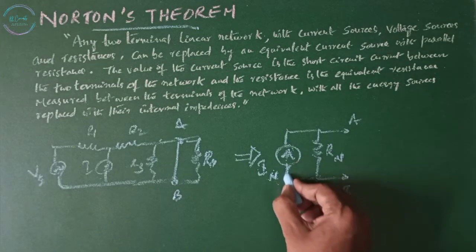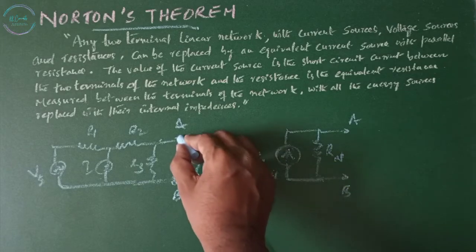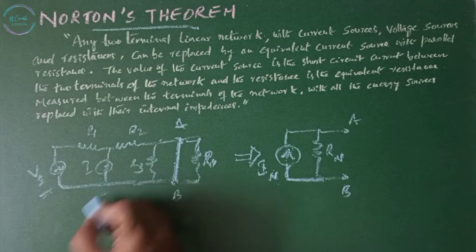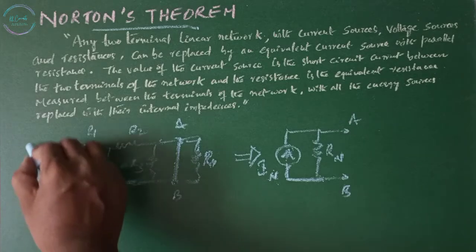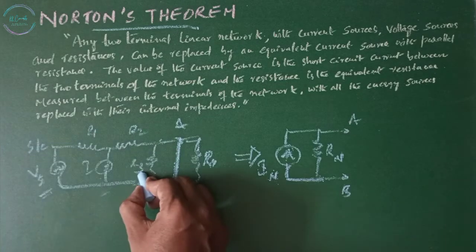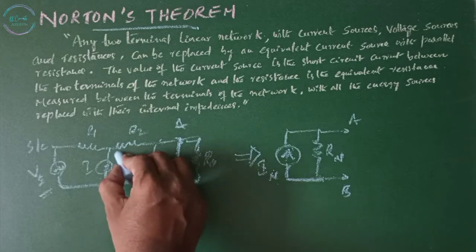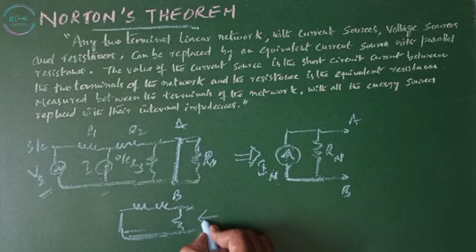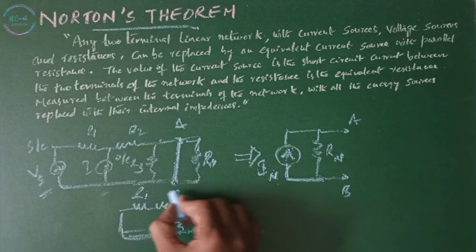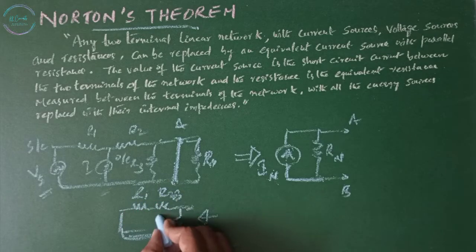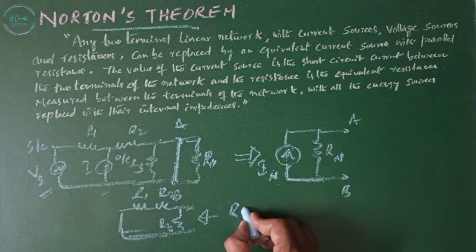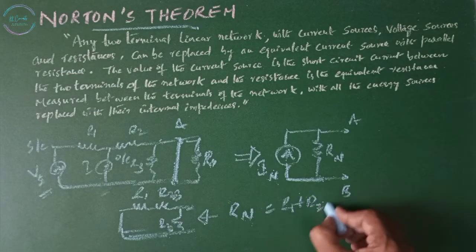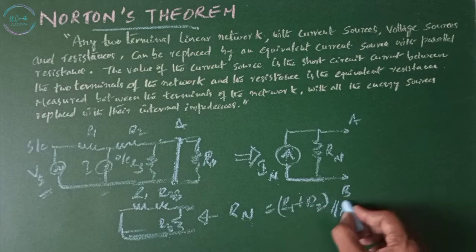This is the current obtained by short circuiting the terminals A and B and replacing the energy sources with their internal impedances. Here we have a voltage source, which should be short circuited, and here we have a current source, which should be open circuited. By looking from here, with R1, R2, R3, R Norton equals R1 plus R2 in parallel with R3.